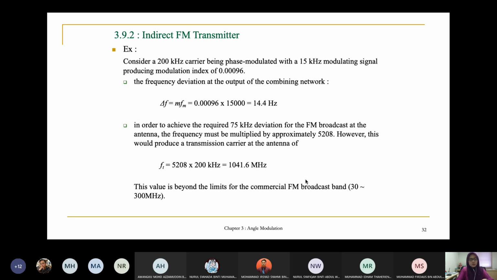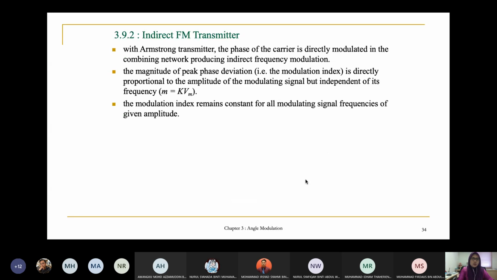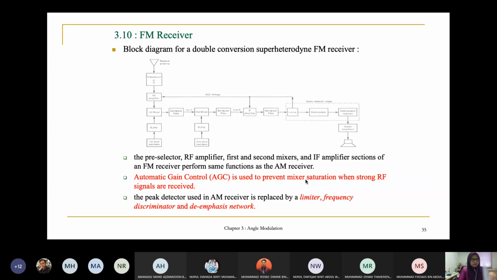So now let's look into the FM receiver. So this is the transmitter. Now let's look at the FM receiver. This is the block diagram of an FM receiver. This is a double conversion superheterodyne FM receiver.